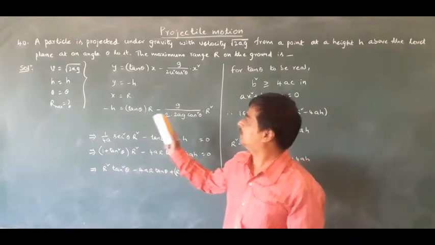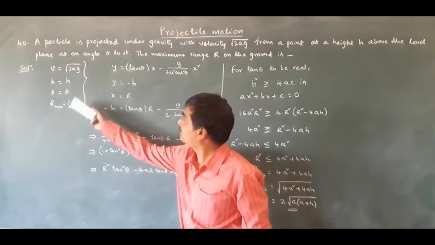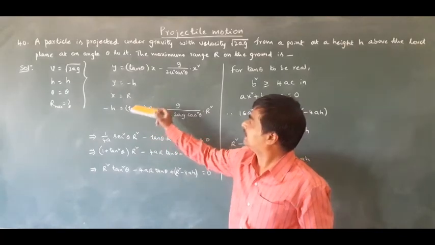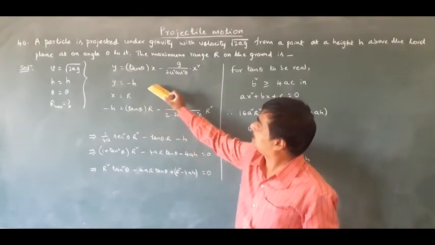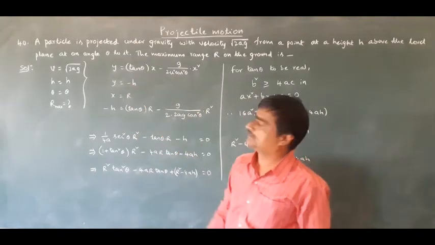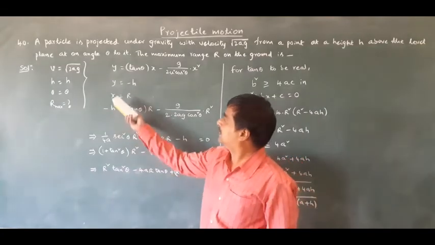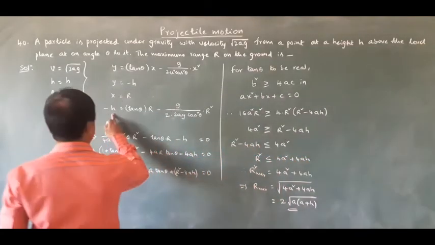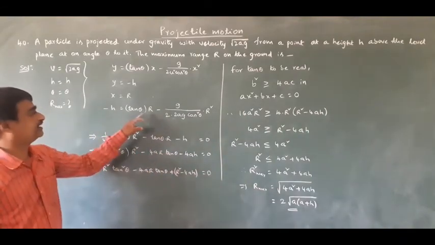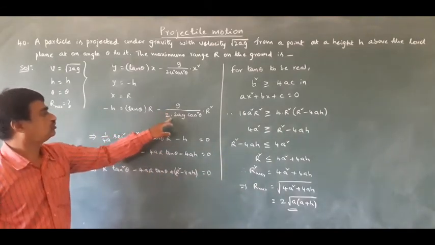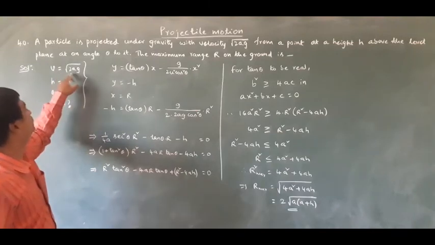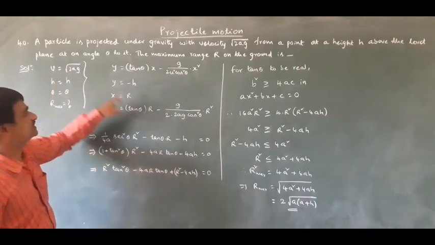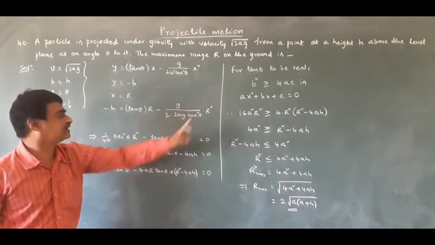For the given situation, y becomes minus h and x is equal to r. Then minus h is equal to tan theta into r minus g by 2 u square, where u square becomes 2ag, g gets cancelled, cos square theta.